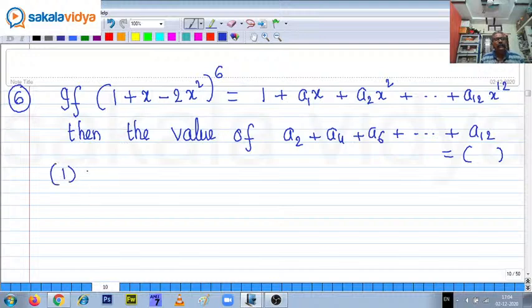First option 32, second option is 63, third option is 64, fourth option is 31. Answer 5, Spandana, correct.